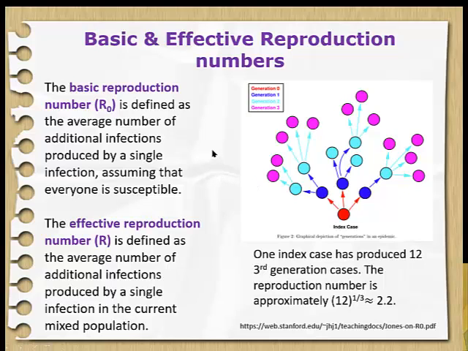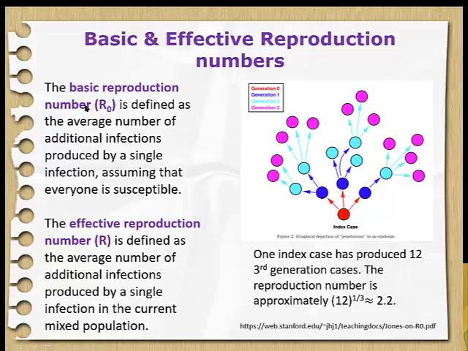All right, let me talk now about the basic and effective reproduction numbers. This is a very important concept in epidemiology, and it's one of the keys to epidemic control.